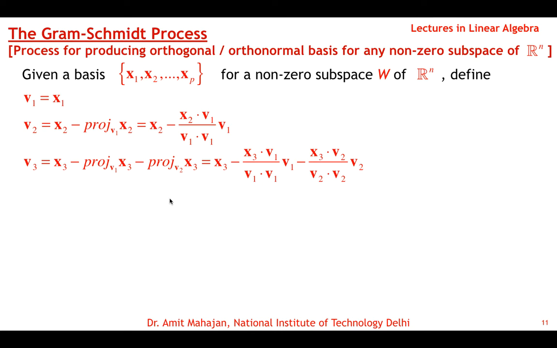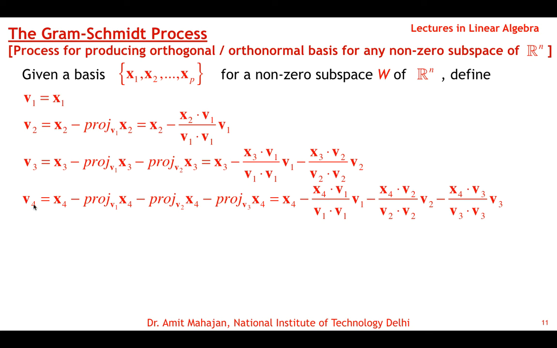Similarly, we calculate v4 from the fourth vector x4. Then v4 will be x4 minus the projection of x4 on the previously calculated three vectors v1, v2 and v3.